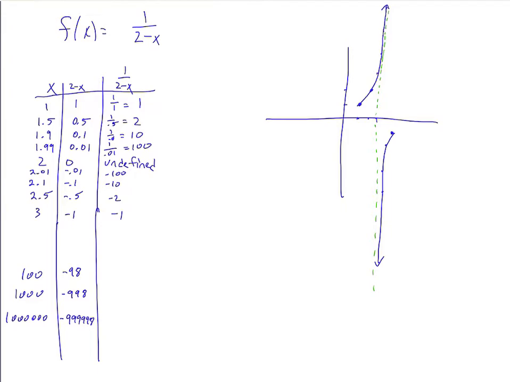So what's going to happen is you're going to keep getting smaller and smaller and smaller results to your fraction. These are all approximations, but 1 over negative 98 is about the same thing as 1 over 100. It's just an approximation. I know it's off by a little bit. 1 over negative 998 is about the same thing as 1 over 1,000.